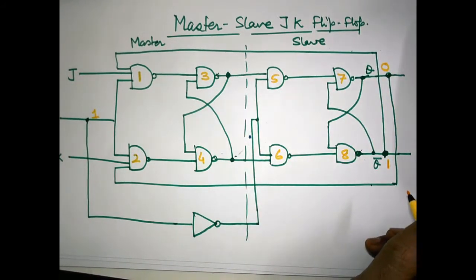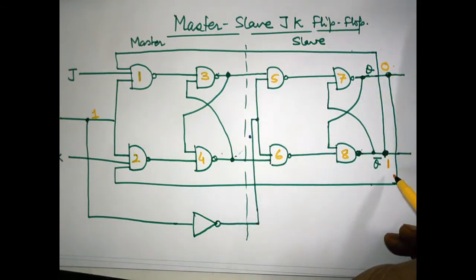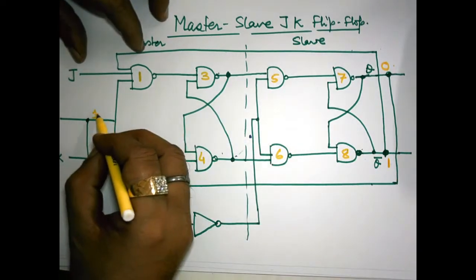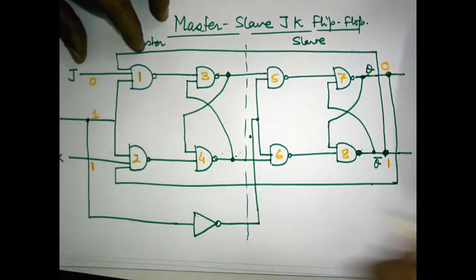You may assume some other situation like Q is 1 and Q bar is 0, but randomly I am starting with this latched condition, that this has been already there in the output. So suppose J is 0 and K is 1. This we are applying.